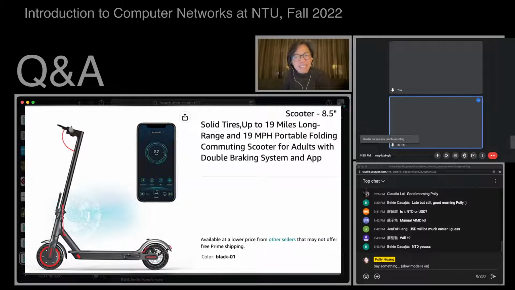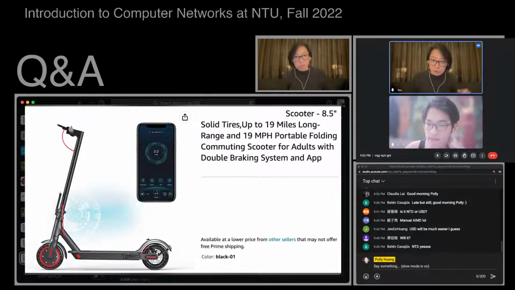Wow, that's quite fast. And it has a range of 19 miles. So after a charge, you get to ride it for pretty long. So this is a commuting scooter. Now, Zijun will be guessing the price of this electric scooter.